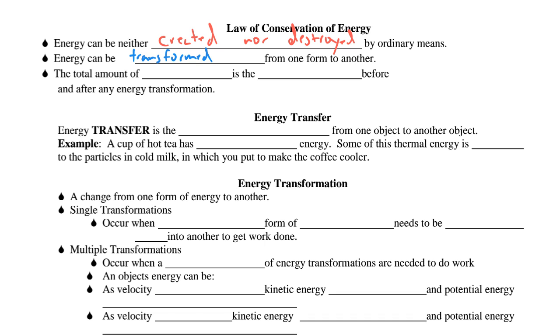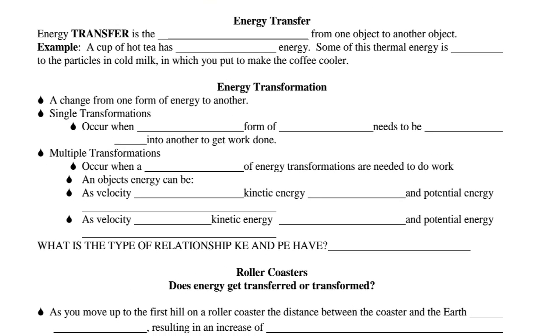The total amount of blank is the blank before and after any energy transformation. The total amount of, I guess, energy is the total before and after energy transformations. Yeah, I think that fills that in appropriately. Maybe that's not exactly what they're looking for, but I'm okay with that. Energy transfer is the blank from one object to another object.